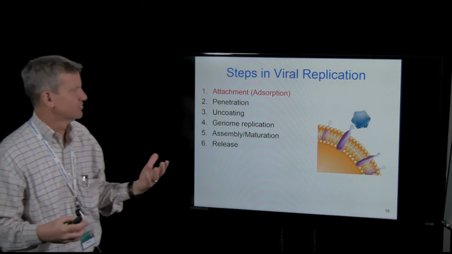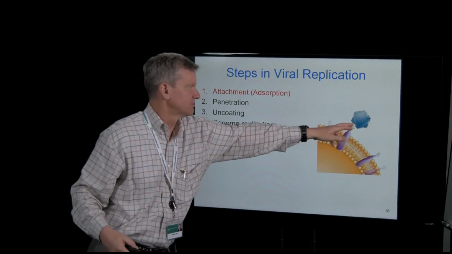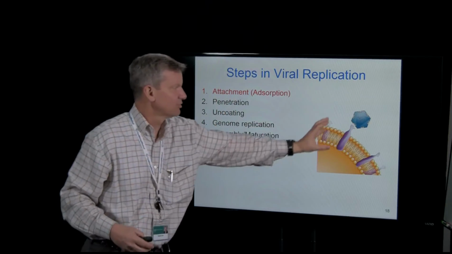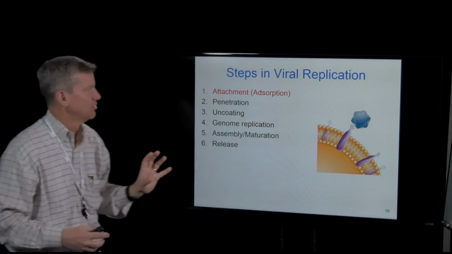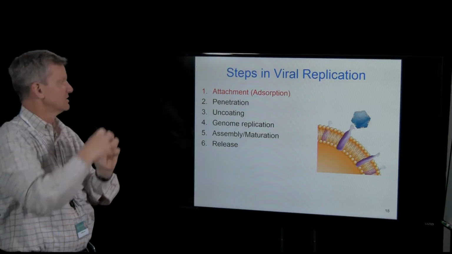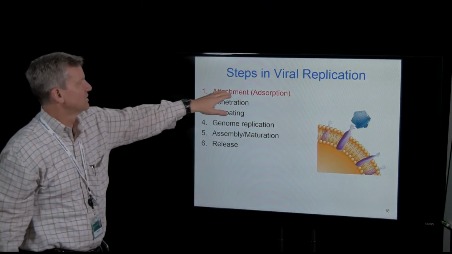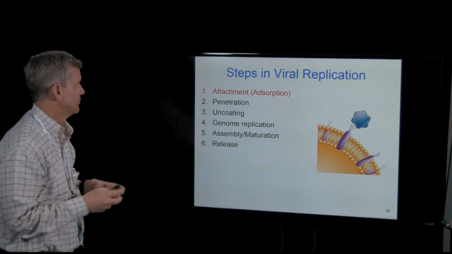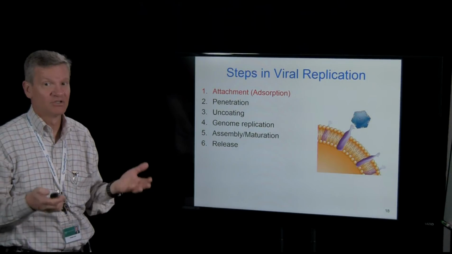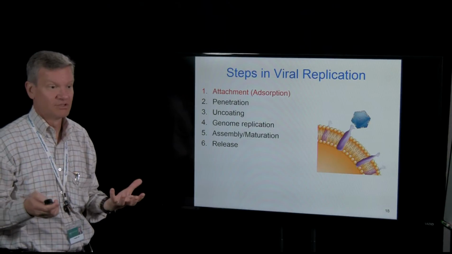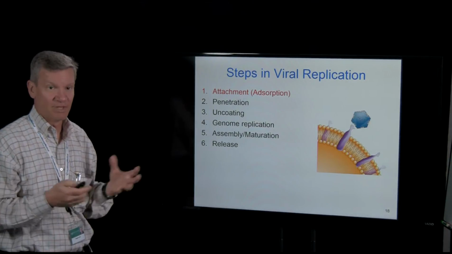This cartoon doesn't show spikes; it shows some indentations here that the cellular receptor is grabbing. So we have a virus, and it's coming in, binding to its cellular receptor. This is called attachment, where the virus adsorbs onto the host cell. Because if a virus doesn't attach, it can't infect the cell and reproduce and make lots of little baby viruses.